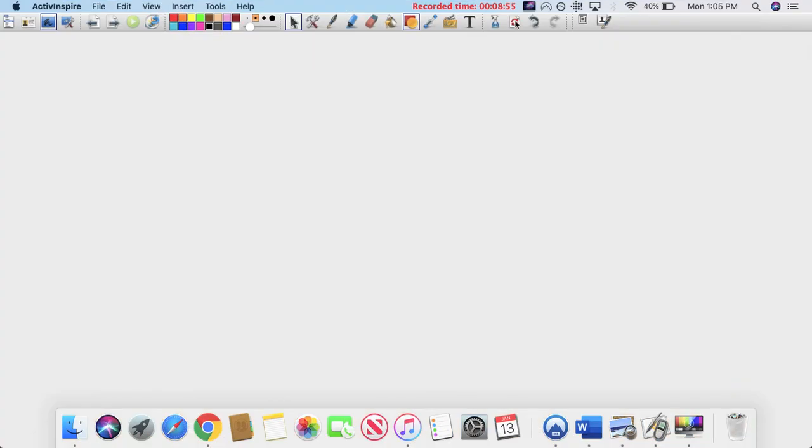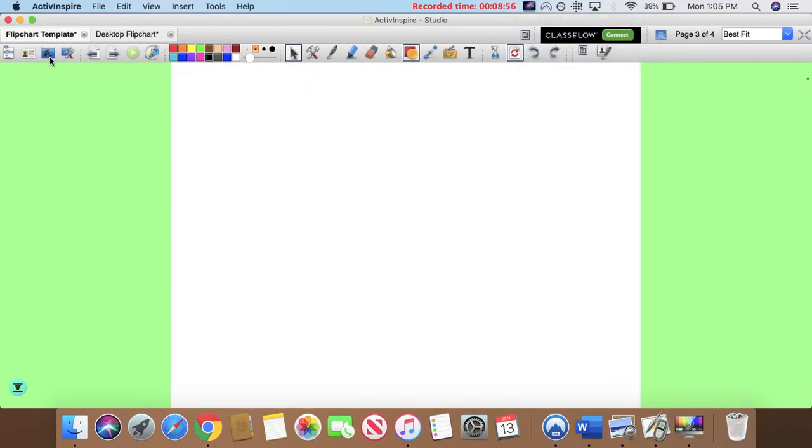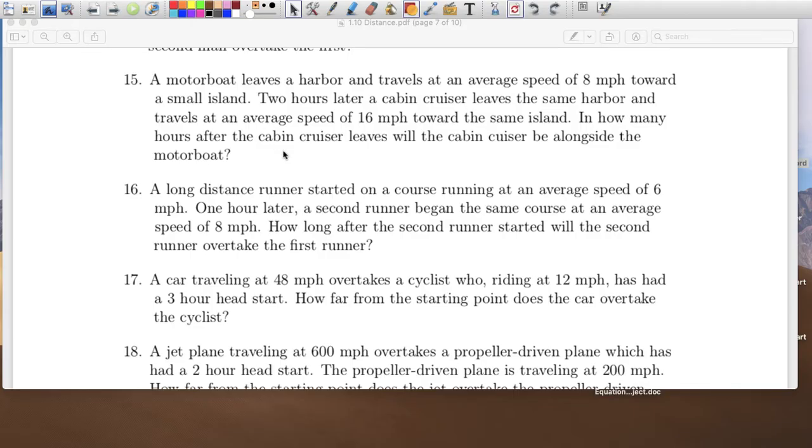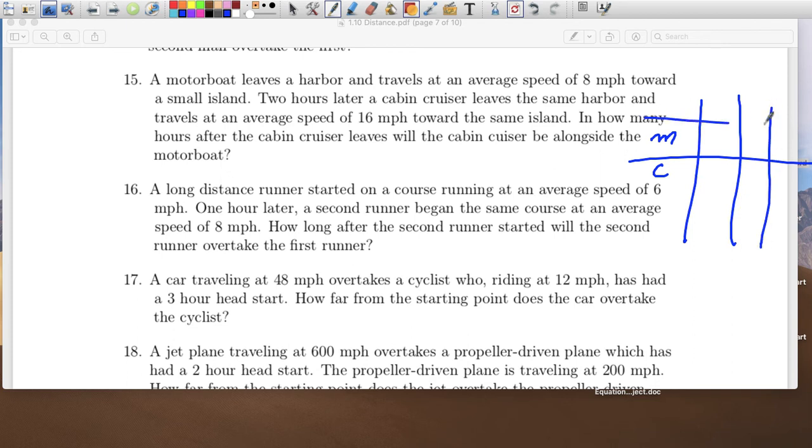I'll pause while I read. So question 15 is the same thing as the one that gives you the head start, the one that we did in class. So we have a motorboat, M, and then we have a cabin cruiser, R, T, and D. The motorboat is a slower one, 8.